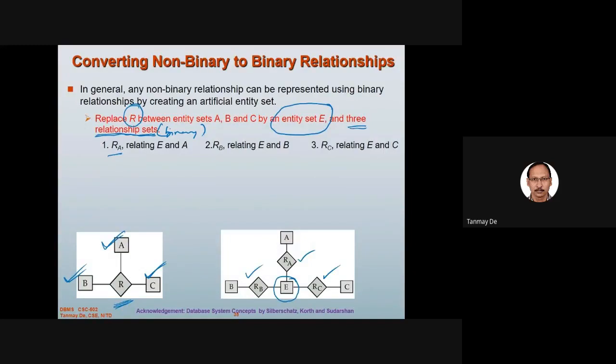RA is associated with the entity set A and dummy entity set E. RB is a binary relationship because it associates two entity sets, entity set B and entity set E. Similarly, RC. Up to that is clear. This is the general rule if we want to convert this into a binary relationship set without violating whatever is reflected by the ternary relationship set.